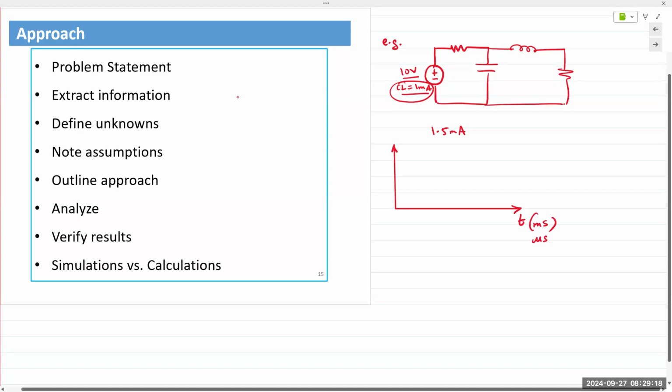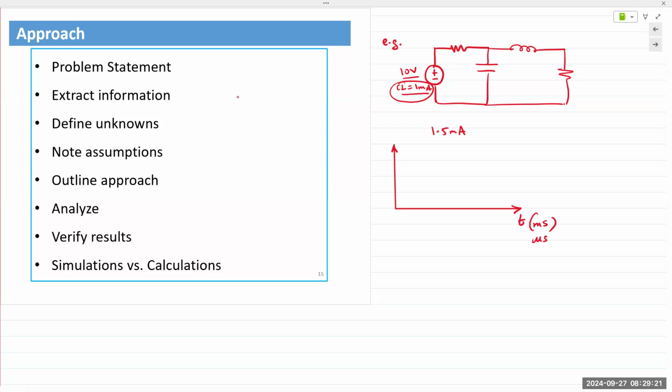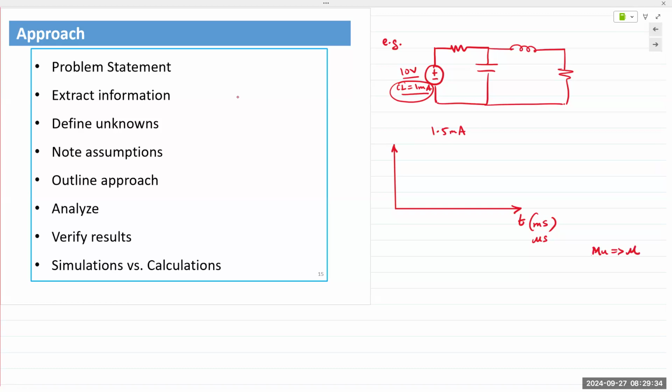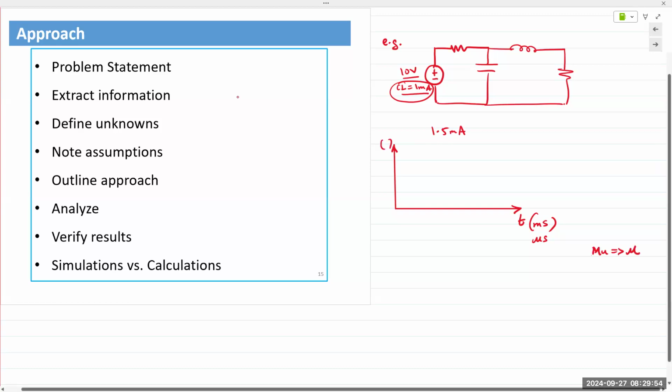Oh, by the way, that Greek letter mu is what we use for micro. So the mistake I have made often is not paying attention to the unit prefix. I've done the entire solution with milliseconds when the time scale was in microseconds. So that's another part where you want to pay attention. And then of course the units on the Y scale too.